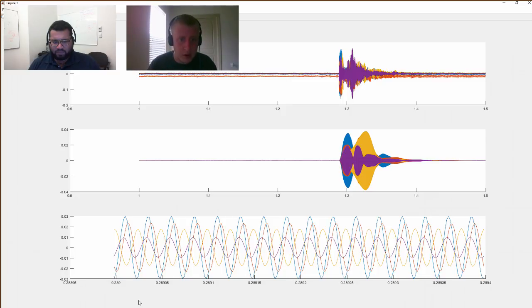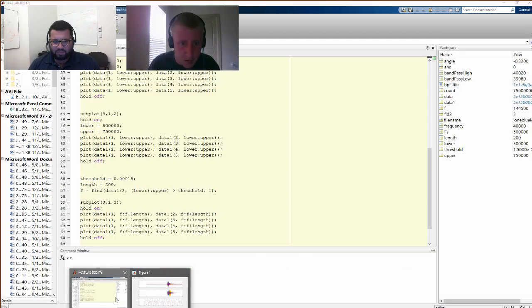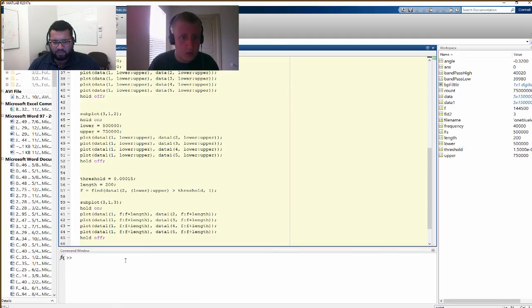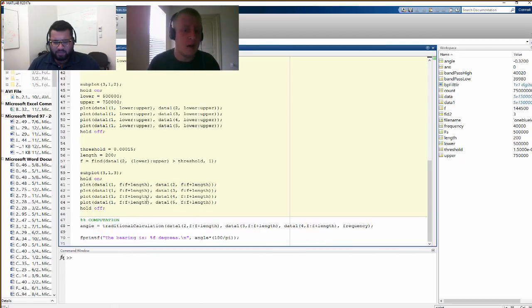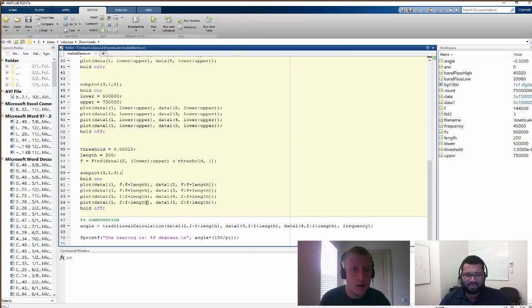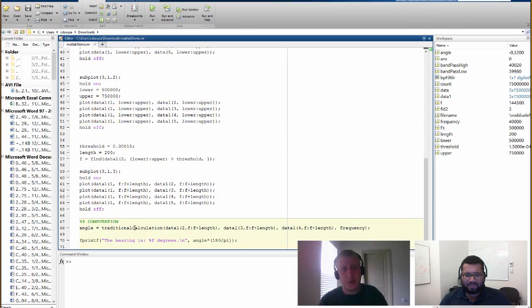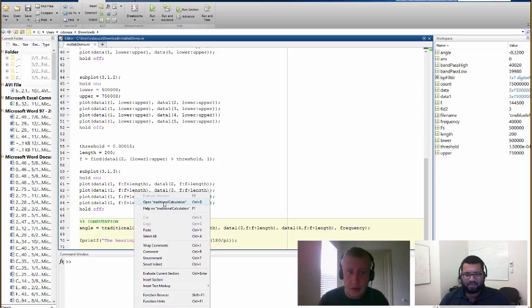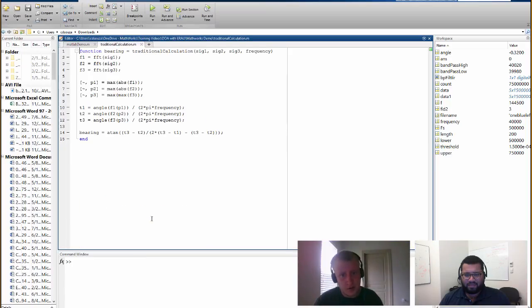So to do that, we're going to move back over to MATLAB, and we are going to open a subfunction we have here. So this is a pretty simple function. Our inputs are the three shortened little pieces of signal at the front of the waveform.